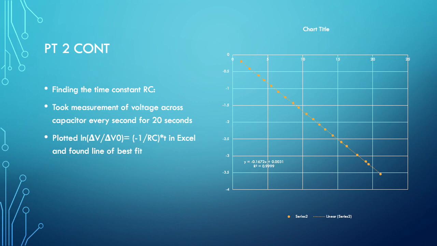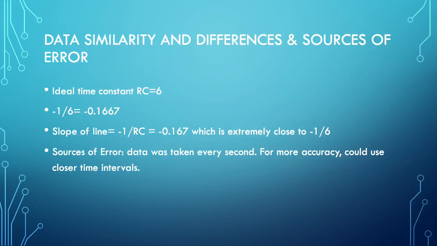Then, using the voltage of the batteries as the delta V naught, we plotted the natural log of delta V divided by delta V naught against t. This gave us a line of best fit, and the slope of this line of best fit, according to the theoretical relationship, would be -1 over RC. From the line of best fit, we can find the RC value.